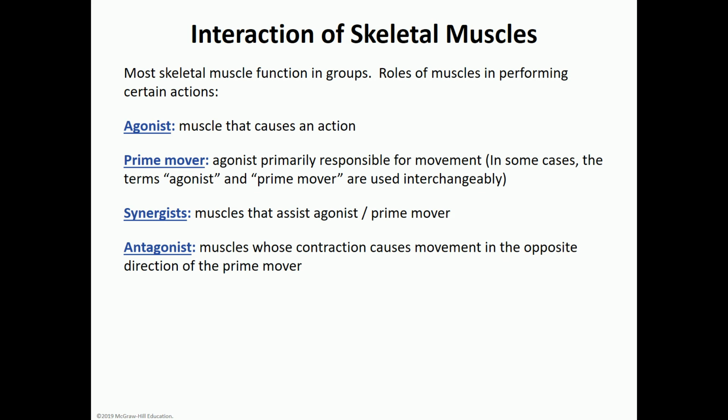We even sometimes use it like as a synergist muscle. Your prime mover is the one that performs the main movement. Your agonist is a muscle that can also perform that action. Synergist is a muscle that assists the prime mover.